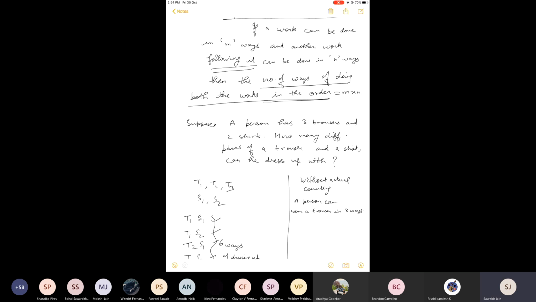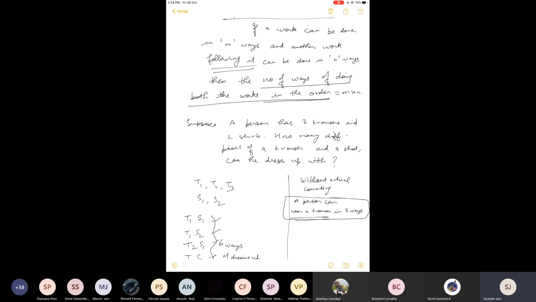There is only one way to wear a trouser, so don't think, how can a trouser be worn in three ways? Everybody knows how to wear a trouser. Here the meaning is different. Wearing a trouser in three ways means he has three choices: either he can wear T1 or T2 or T3. This is the meaning here.